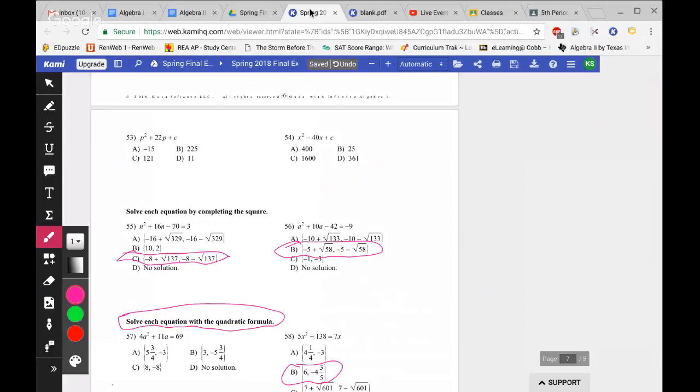But see, let's just take a look at answer B. It says -5 plus the square root of 58. And then the other one is -5 minus the square root of 58. Mrs. Sparks typically, I tell y'all that I'm lazy and I don't do a lot of writing. So Mrs. Sparks normally does it like this. So my plus and minus are right there.